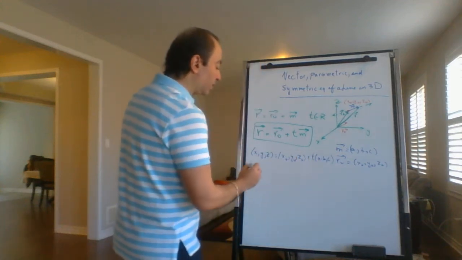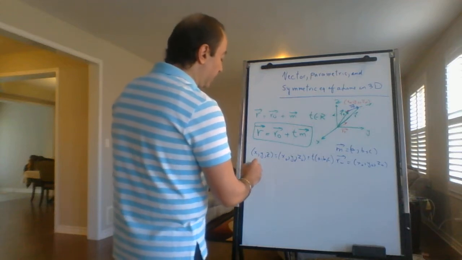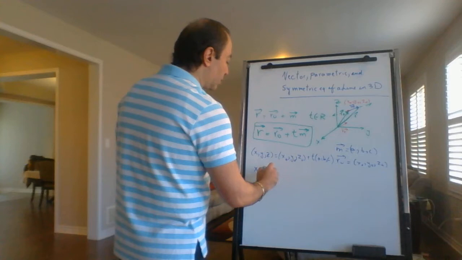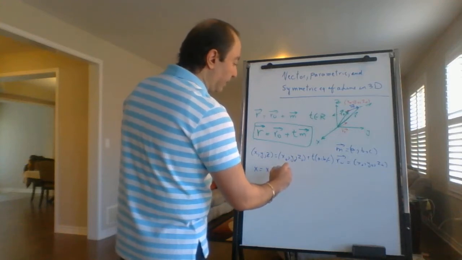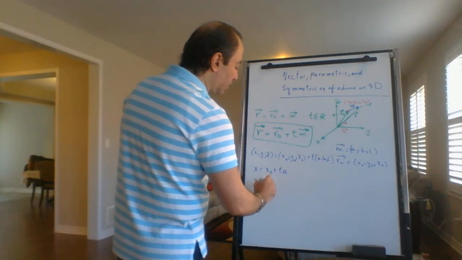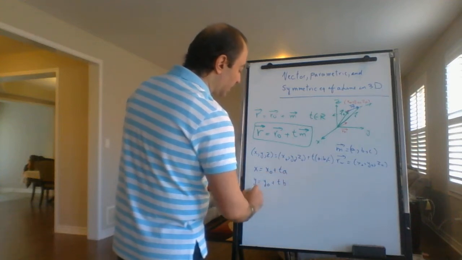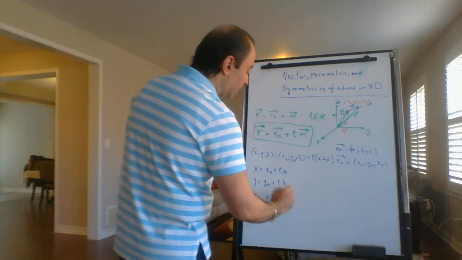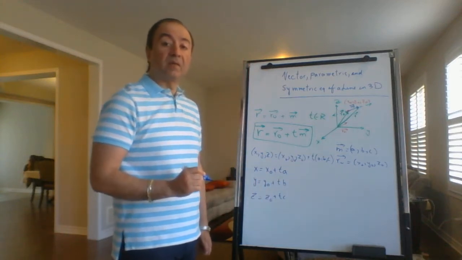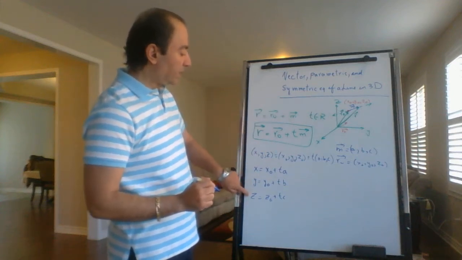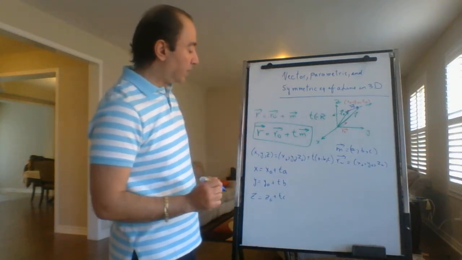We can separate those and write it in parametric form. So x will equal x sub 0 plus ta, y equal y sub 0 plus tb, z equal z sub 0 plus tc, exactly like what we did when we had 2D, except we added the z coordinate.